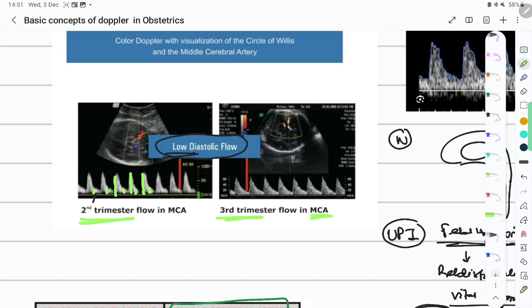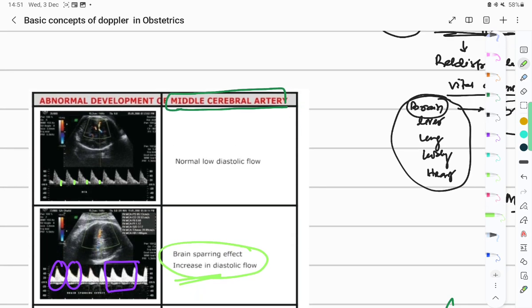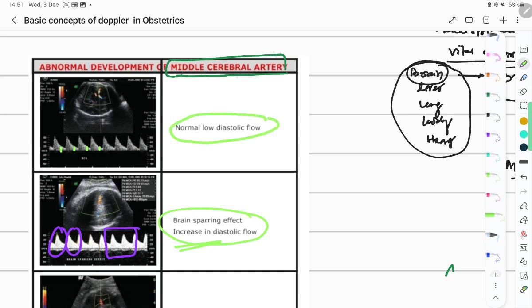Suppose there is fetal hypoxia or decreased blood flow from the placenta due to uteroplacental insufficiency, then the fetus will redistribute its own blood to the brain. That is called the brain sparing effect. There will be increased diastolic flow to the brain.